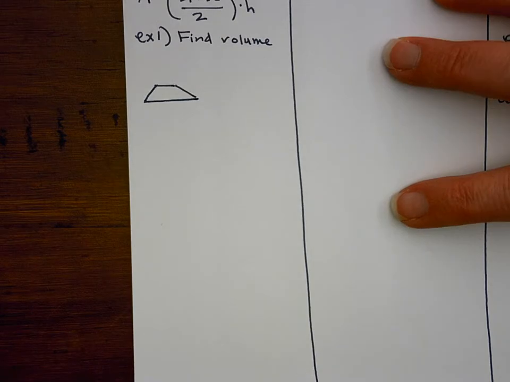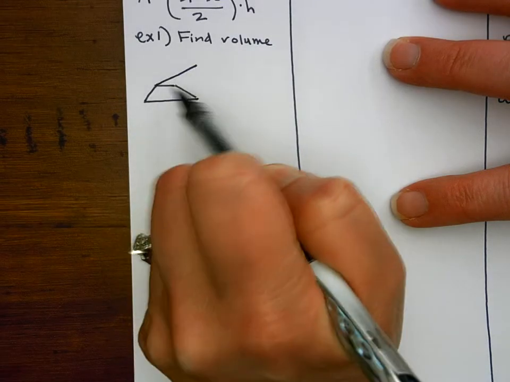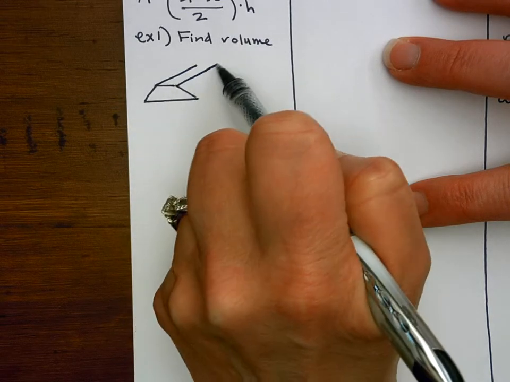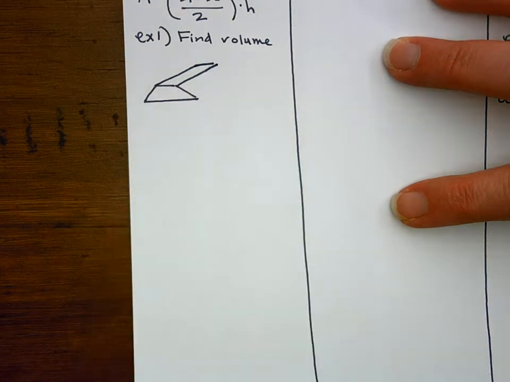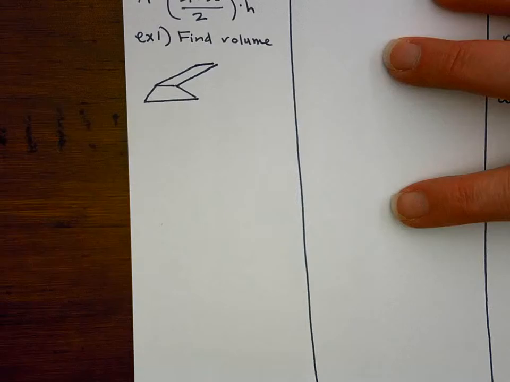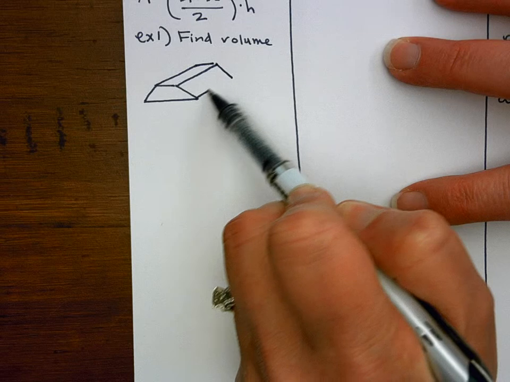So it's not very straight, but pretend it's a nice equal trapezoid there, or isosceles trapezoid. And then I'm going to draw 2 lines off to the side here, like that, and go straight across. And then I'm going to draw one more down like that, and then like that.